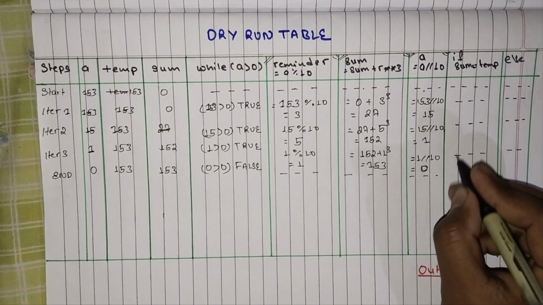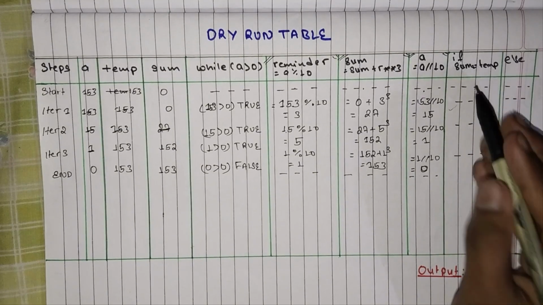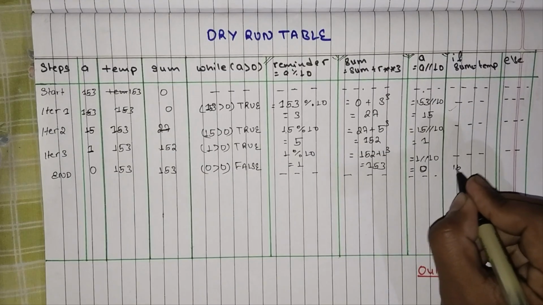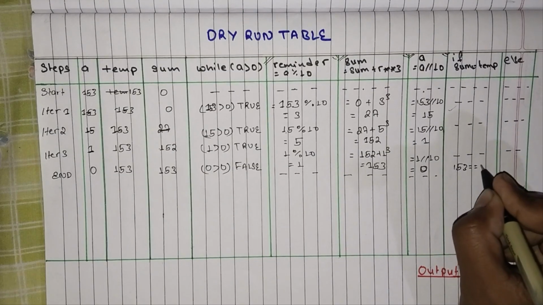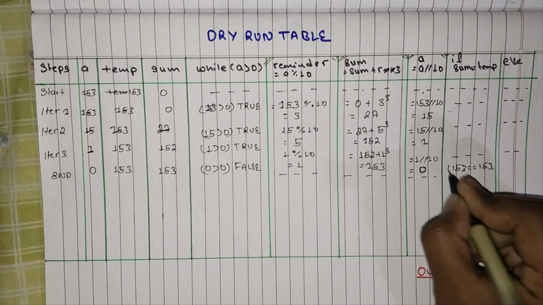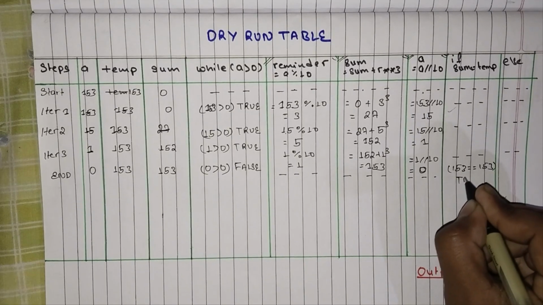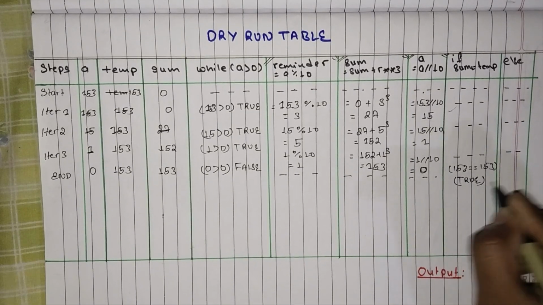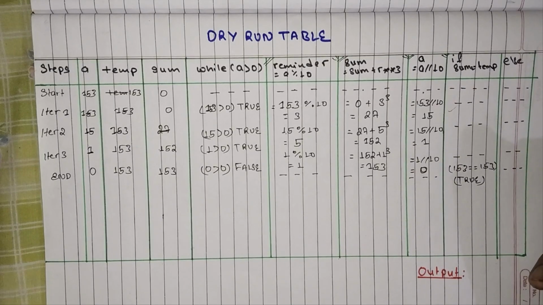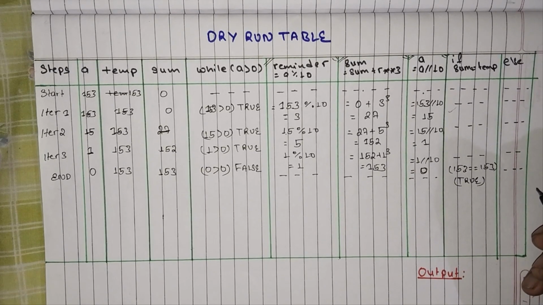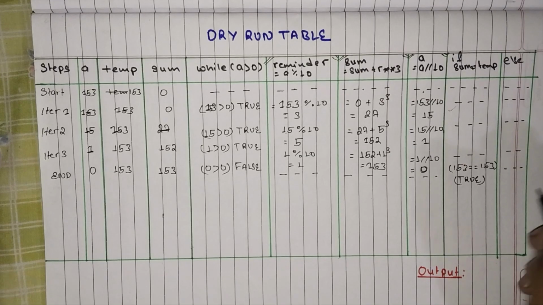Now we can write if sum is equal to temp, right? And 153 is equal to 153. Is this true? As it is true, now we can exit, right? The code will not go further.